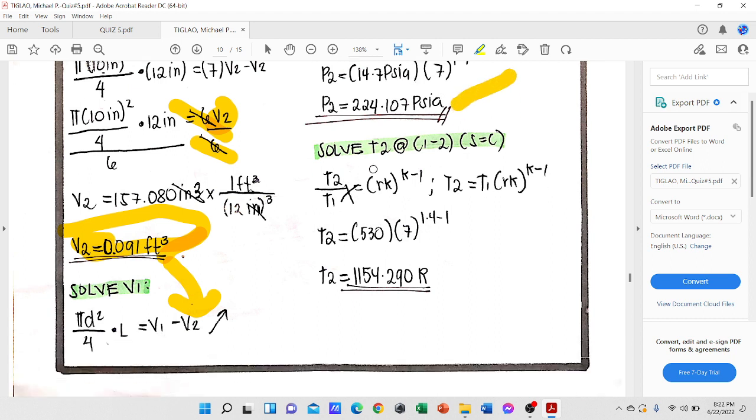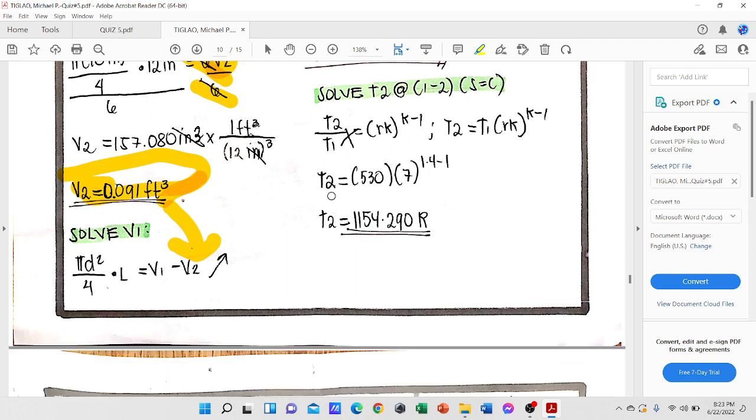Then, let's get temperature 2 in process 1 to 2, which is isentropic, constant entropy. So, I used the T2 V2 formula. Here, I cross multiplied to get the final formula. Therefore, T2 is equal to T1 quantity RK raised to K minus 1.